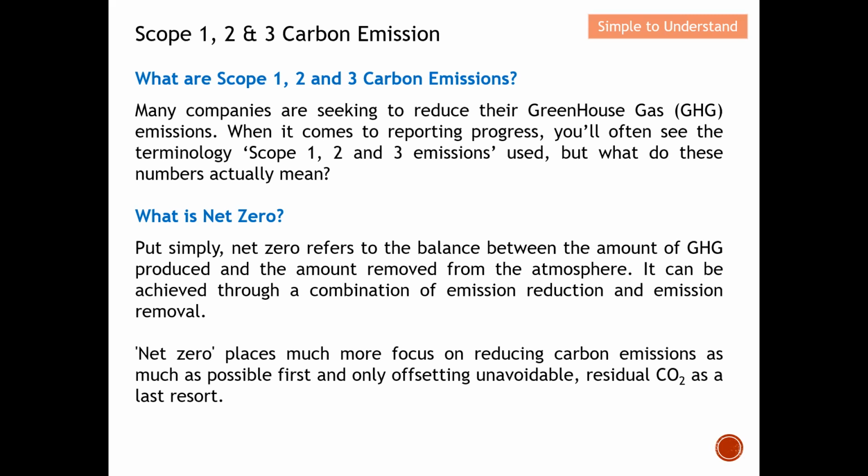Firstly, we concentrate on reducing the carbon emission as low as possible, and if we can't do any more, then we consider how to offset the unavoidable residue CO2 as a last resort. I don't think any activity can have zero CO2, so the most important thing is how we can compensate for the CO2.